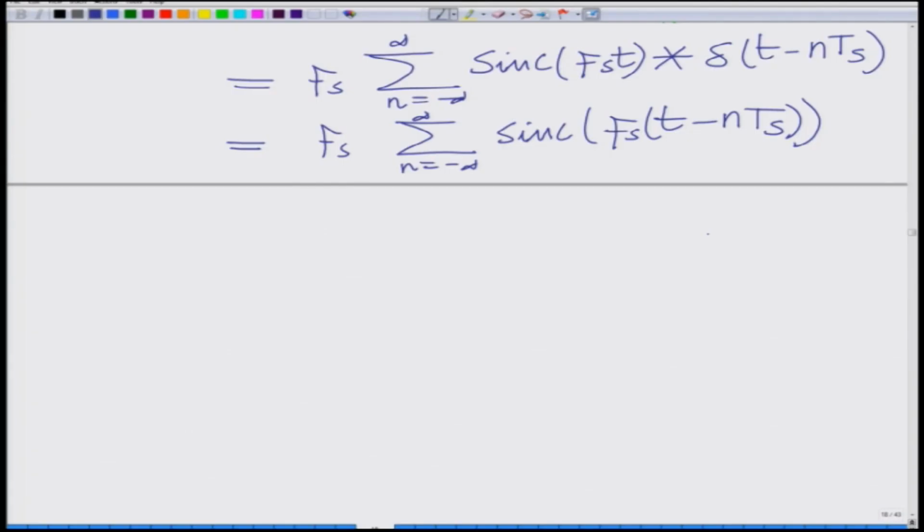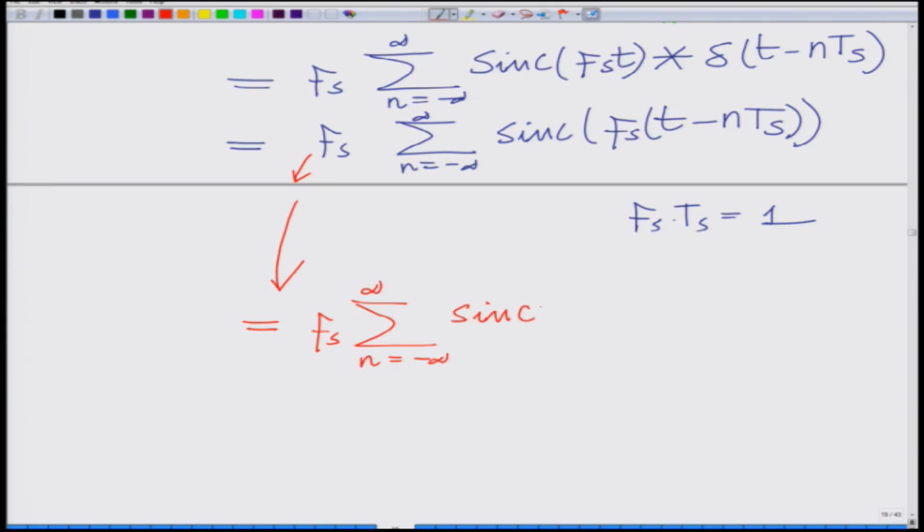And now you will realize that Fs into Ts is 1, because Ts is 1 over Fs, the sampling frequency. So, if I use that principle over here, what I get is summation n equal to minus infinity to infinity Fs sinc of Fst minus Fs into nTs, that is simply n, and that is the original reconstructed signal.